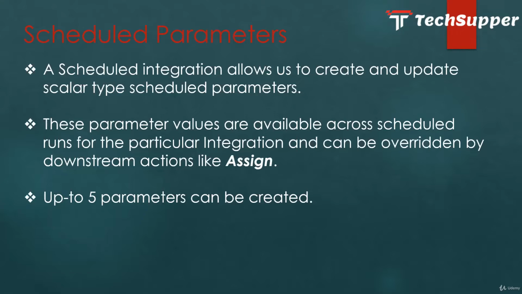Then in that case you have to maintain a date of the last integration run. You can maintain that last run date in the scheduled integration with the help of a scheduled parameter, and you can use this parameter value to get the delta data or updated data from your upstream application. This is one of the use cases which you can achieve with the help of scheduled parameters. I will show you how to make this happen.